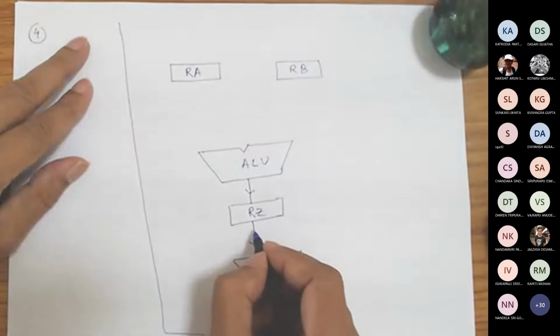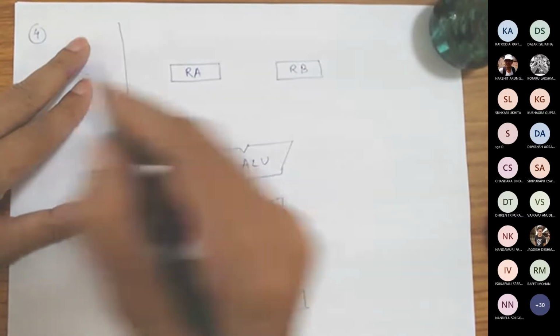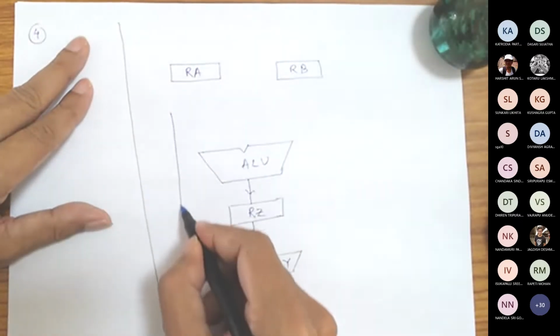What I'm suggesting is that you take the value from here itself, and you give it here.